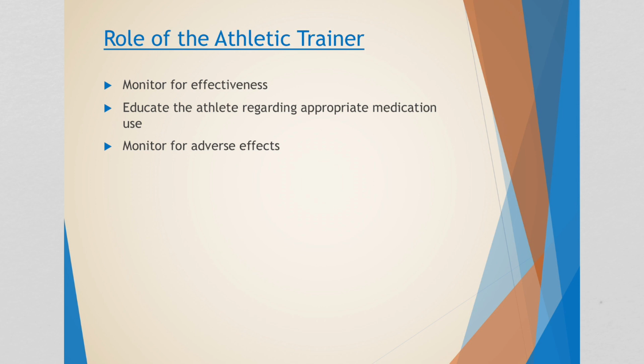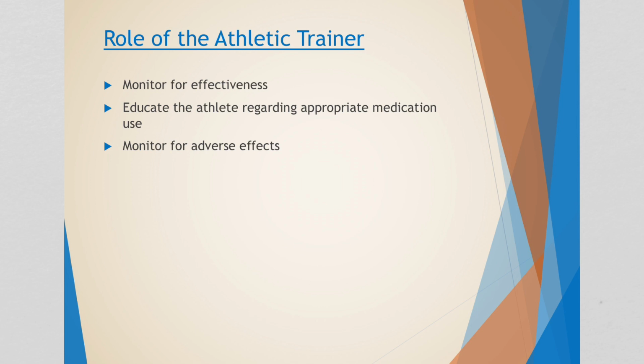So what do we do as an athletic trainer? When we have a patient with a common cold or seasonal or perennial rhinitis, the biggest thing that we want to do is monitor the drug for effectiveness, right? With the common cold, if we treat the common cold for 7 to 10 days, it's the common cold. If we don't treat the common cold for 7 to 10 days, it's still the common cold.